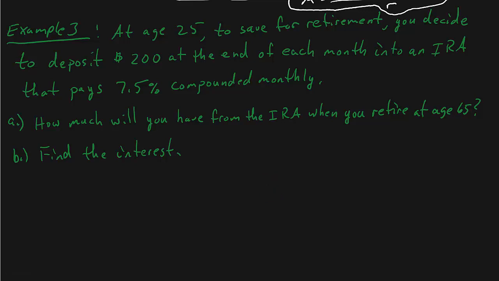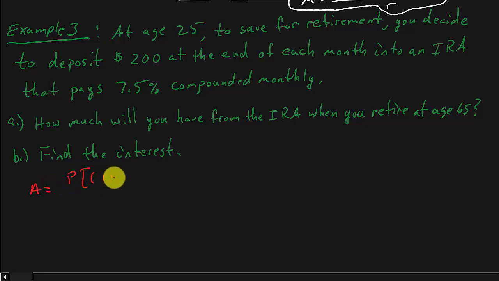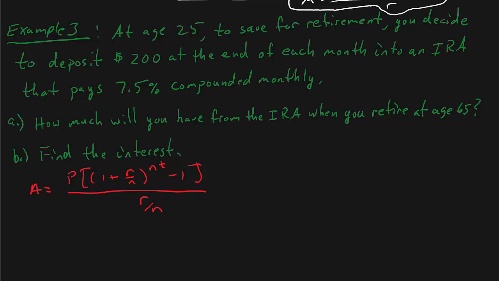So first, just like in the other problem, let's write the formula down. A equals P times (1 plus R over N) raised to the NT, minus 1, all over R divided by N. Now, we've got to figure out what P, R, N, and T are.